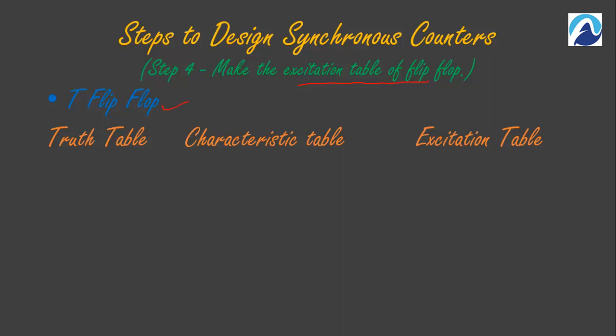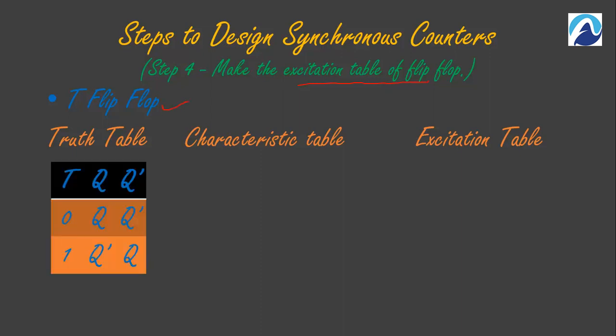But for the excitation table, we require the truth table of the T flip-flop. The truth table of the T flip-flop has the input T and two outputs, Q and Q bar, the output and its complement. If the value of T is 0, it is the no change condition of the T flip-flop.